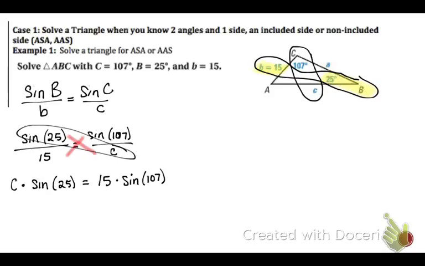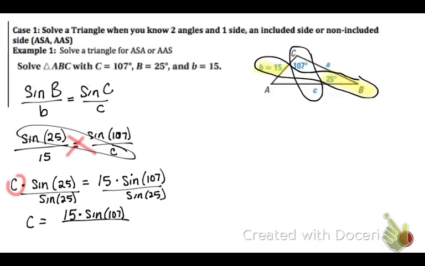So don't even look at that. The last step here, I need to get c alone, so I'm going to get rid of the sine of 25. So I'm going to divide both sides by sine of 25. And I'm left with c equals 15 times sine of 107 divided by sine of 25.